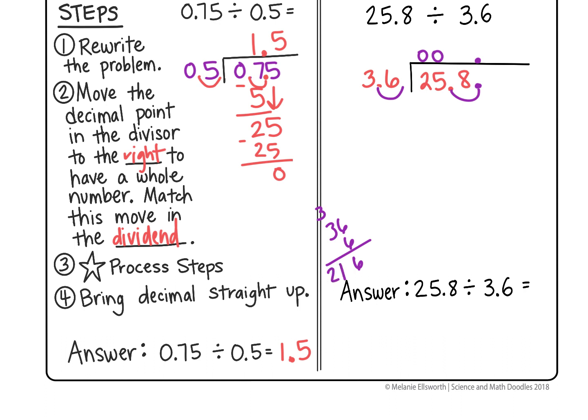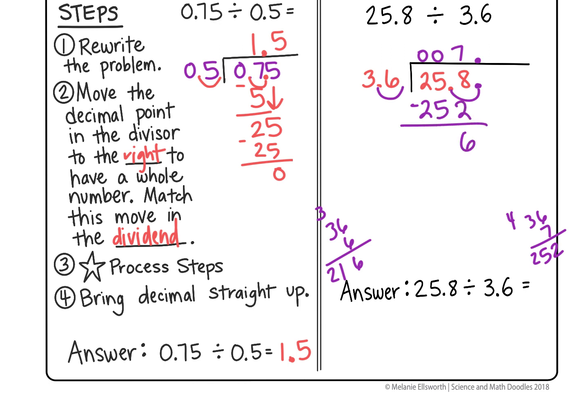It's 216. So, do you think I could add in one more 36? Maybe, yeah. No. So we'll try 36 times 7, which is 252. So that works. So this should be a 7 up here. When I multiply 36 times 7, it's 252, and I have 6 left over.